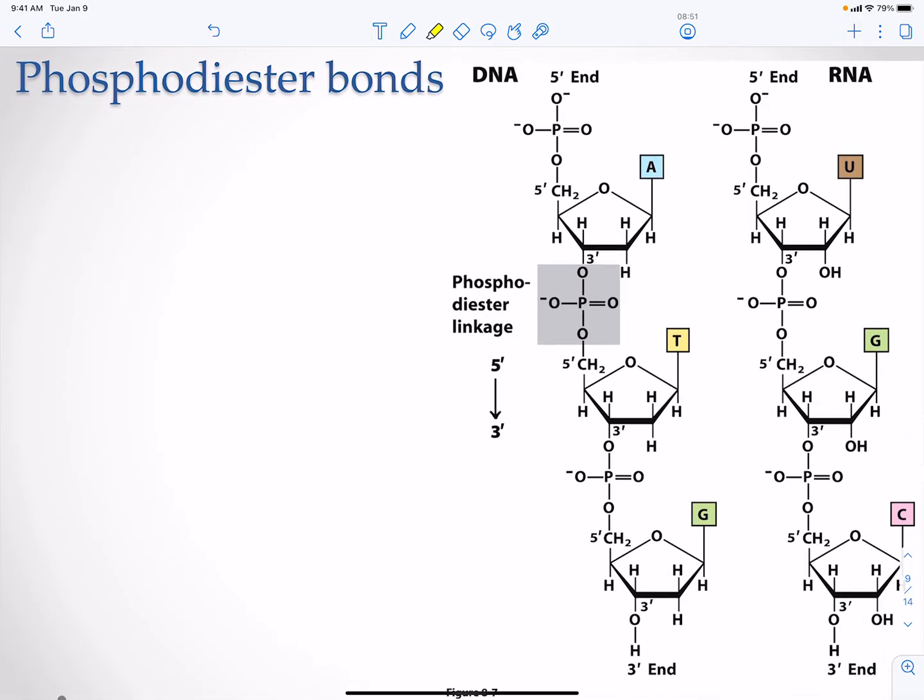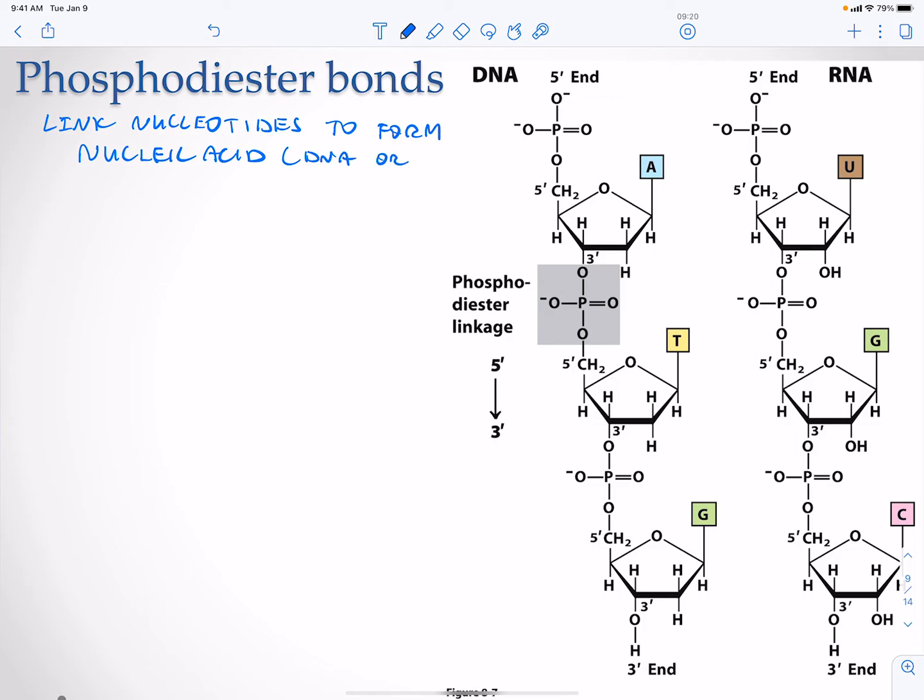Now, with respect to our phosphodiester bonds, we are going to basically have a linkage of nucleotides to form the nucleic acid. And of course that is DNA or RNA.